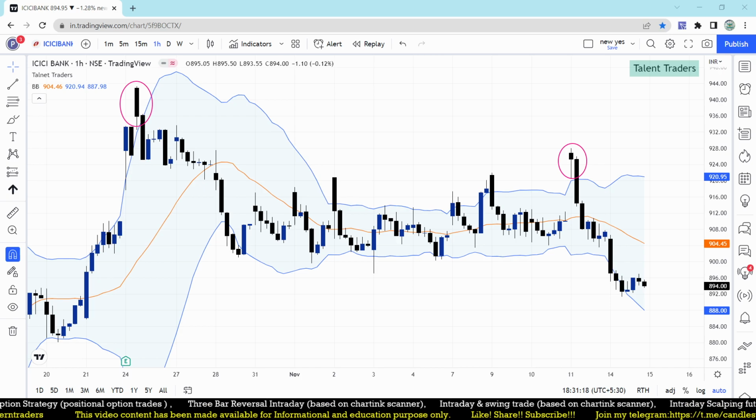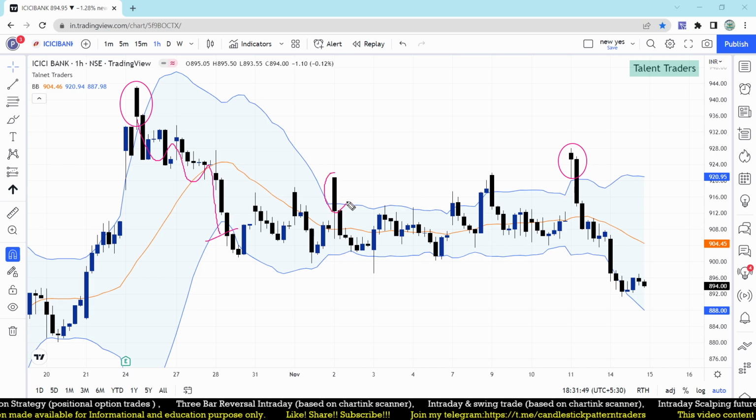It started over and above the upper Bollinger Band in this area, and let's look at the movement afterwards: it came directly down to reach the lower Bollinger Band. Today also in the live session we are finding some trades that may open below the lower Bollinger Band. Using the Bollinger Band, we can find stocks and take trade opportunities.